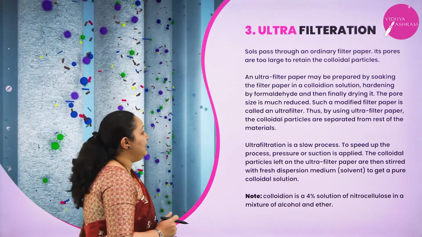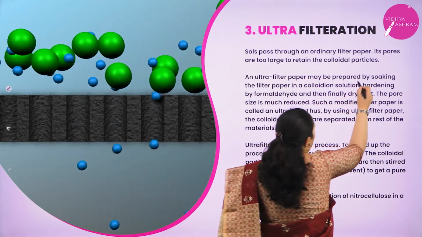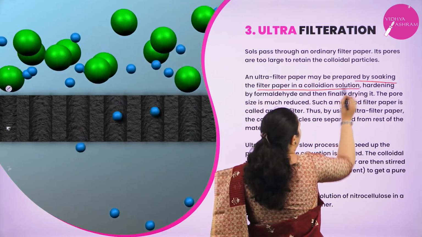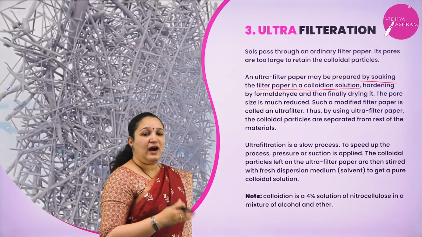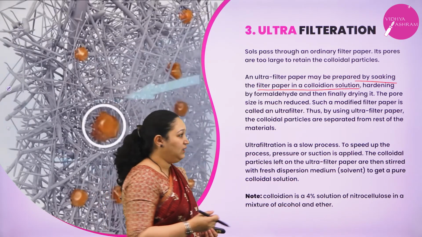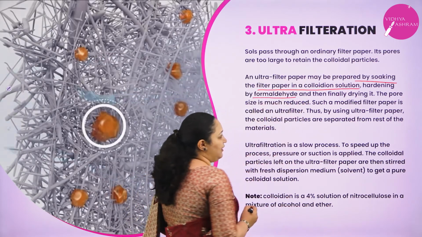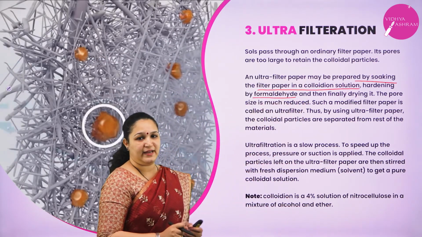What we do is take the filter paper, soak it in collodion solution, then harden the filter paper using formaldehyde and then dry it.